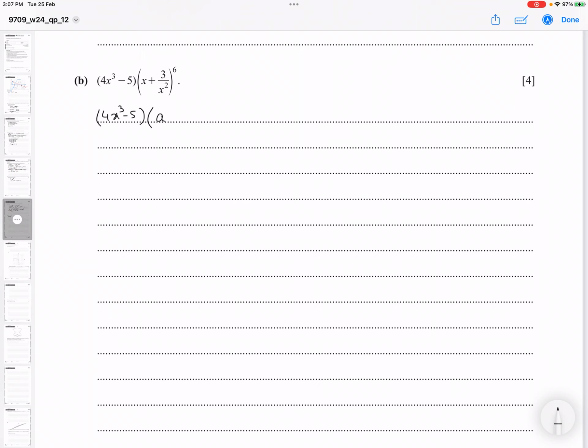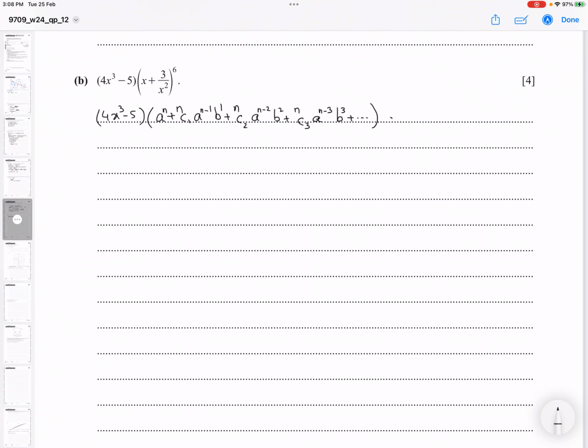So here we are going to use a power n plus nC1, a power n minus 1, b power 1, plus nC2, a power n minus 2, b power 2, plus nC3, a power n minus 3, b power 3, plus so on.